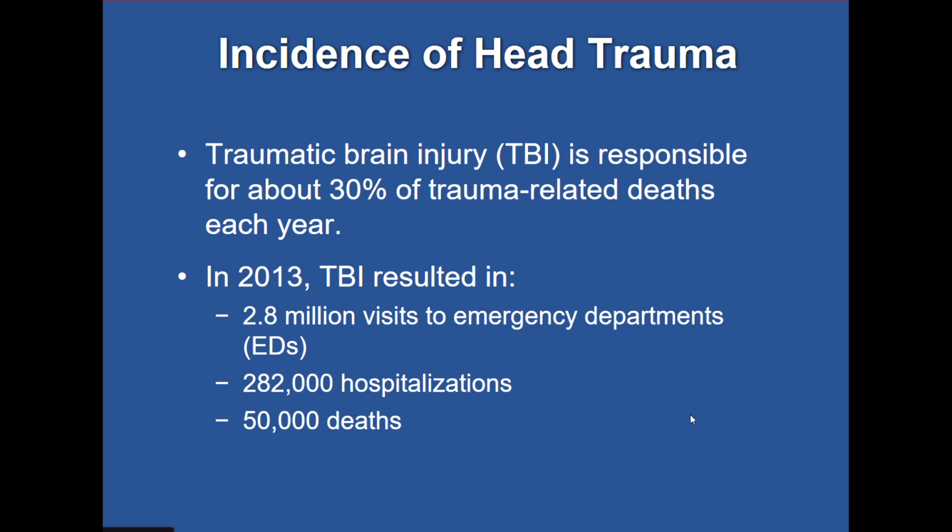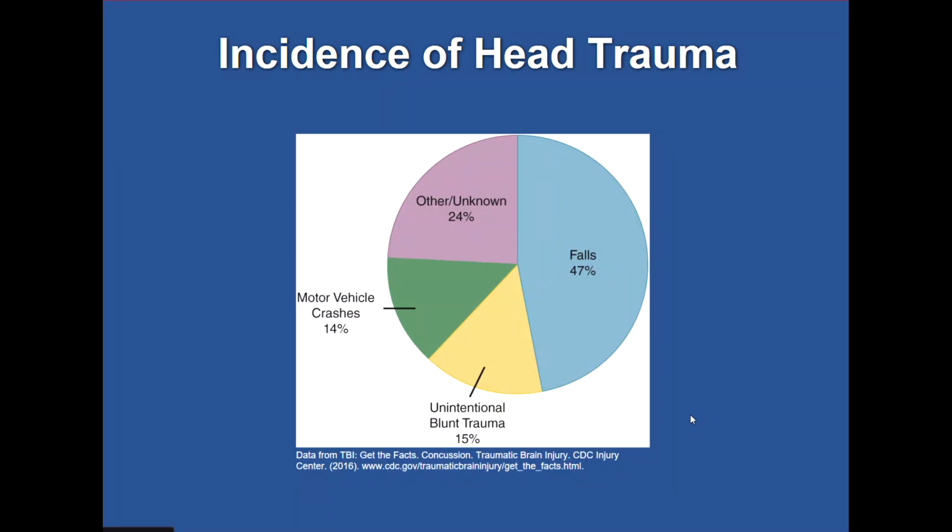Thankfully, the number of deaths associated with those actually went down, but the incidence of this trauma, and maybe just the recognition that there is brain injury that went along with the head trauma, has come around. And I think they're doing a lot more to recognize more concussions and things along those lines. So that might also contribute to the increase in numbers.